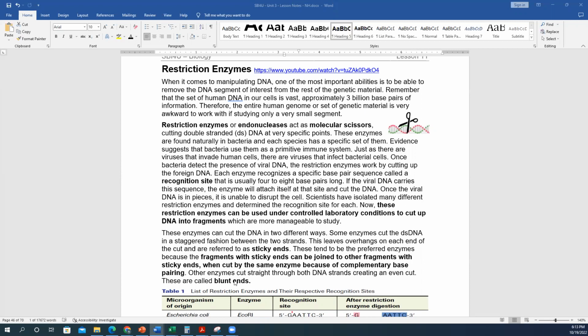So restriction enzymes, or the other name for them is endonucleases, are very useful because they can act as somewhat of a molecular scissor to help us cut that double-stranded DNA at very specific points.